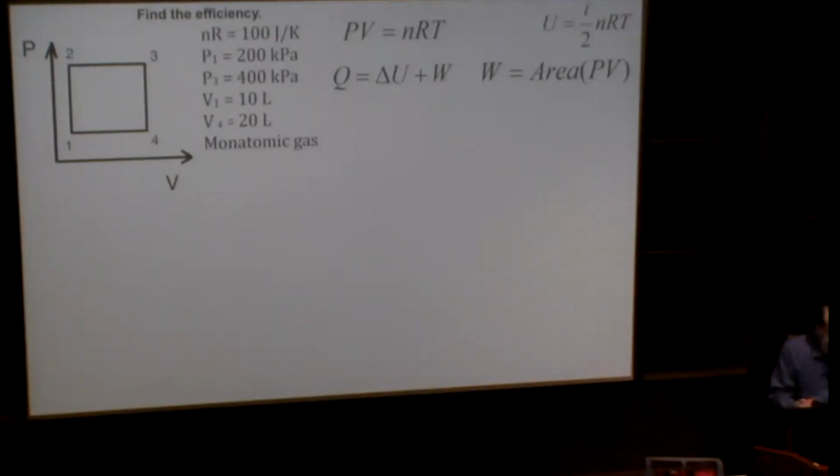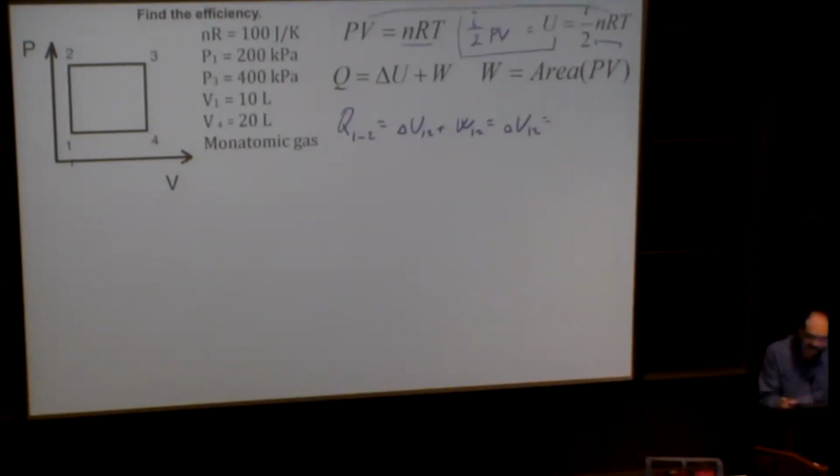We need to check all processes, so Q12 equals delta U12 plus W12, which is just delta U12, because for this process there is no work. It happens at constant volume. And that will be equal to, well, I don't like this equation. I have no information about temperature. I could find the temperature, but I don't want to. Instead, I want to use a different equation: U equals I over 2 PV, because I can replace the product nRT with the product PV.